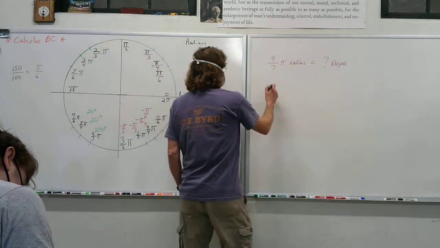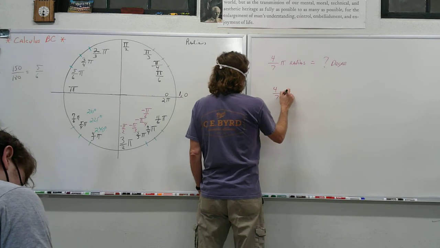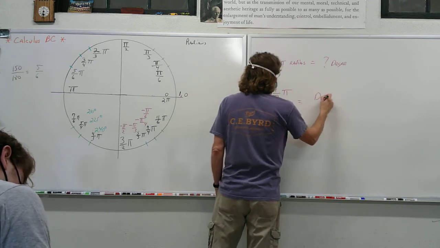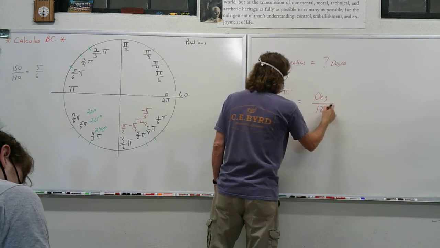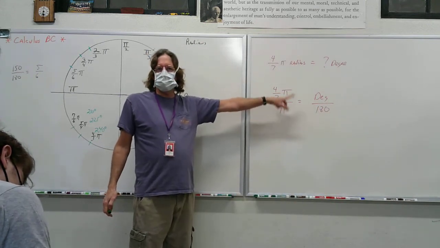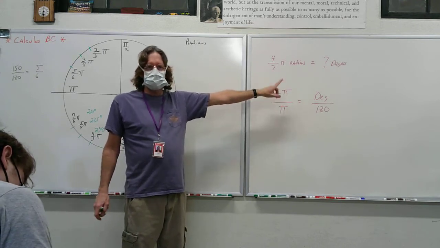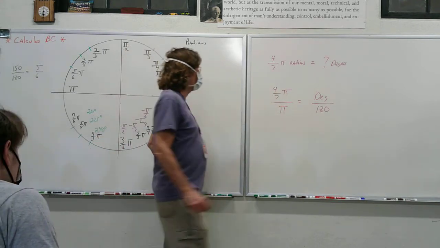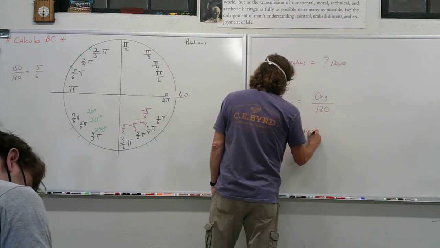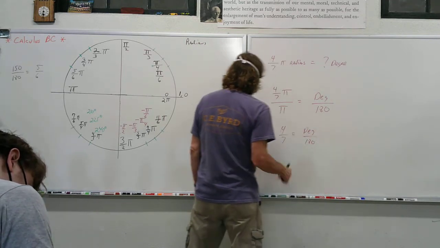So I do 4/7 pi over pi equals degrees over 180. And notice what happens very nice for me. What are the pi's? Pi's divide out. See where the pi's divide out? And so I get 4/7 equals degrees over 180. So then I just multiply.